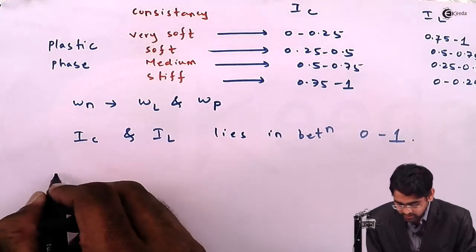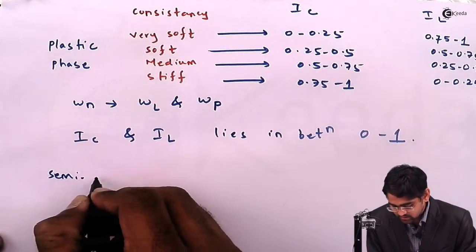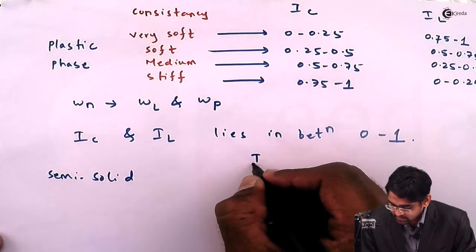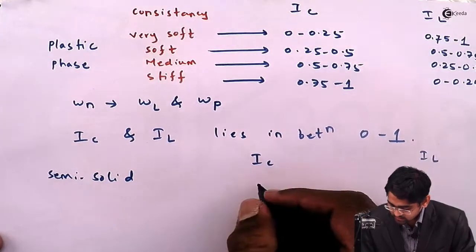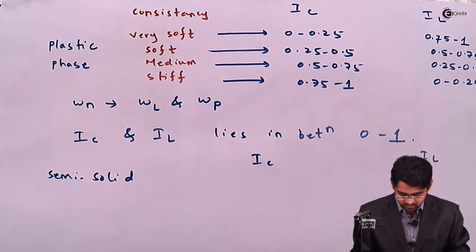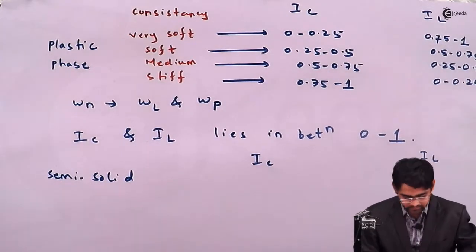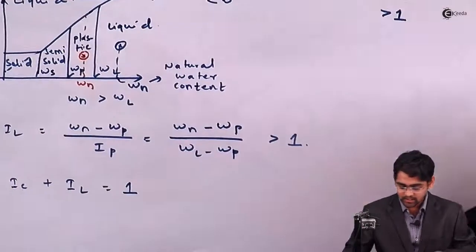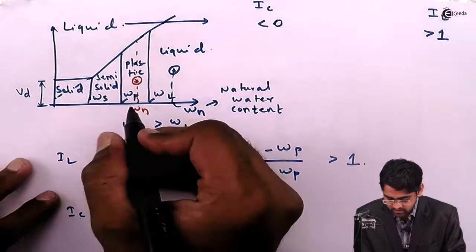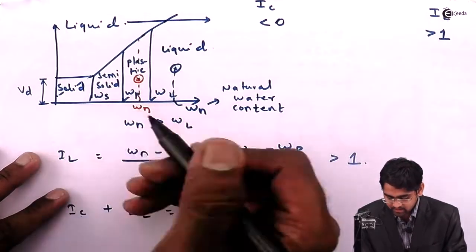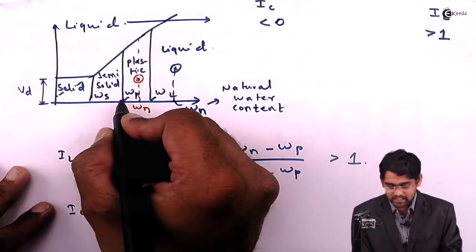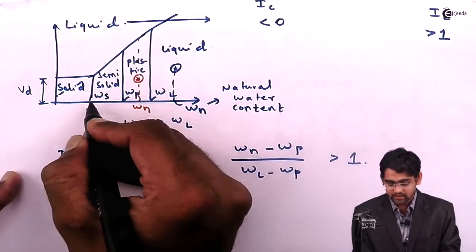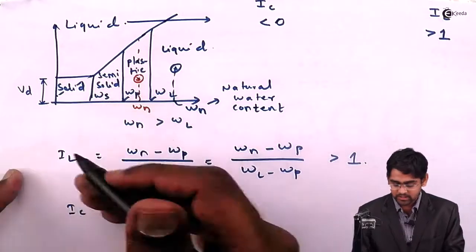If I go into the semi-solid phase, from the definition point of view, for the semi-solid phase you have the natural water content less than the plastic limit. If the natural water content is less than the plastic limit, the consistency becomes stiffer and stiffer as you go beyond this region.